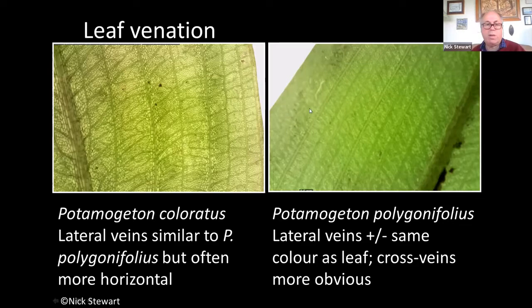But it can help a bit, because there are some occasions when the separation between the two, I mean, ecologically they're very different. Coloratus is a hard water species, and polygonifolius is a soft water species, but there are occasions when you have hard water mixing with acid peat where you might have difficulty.